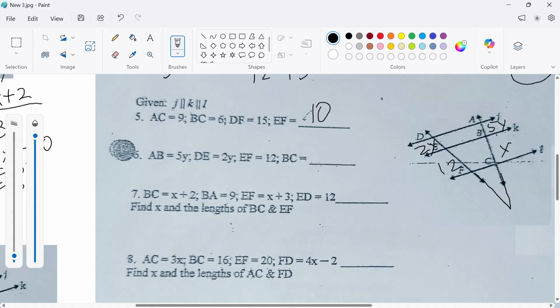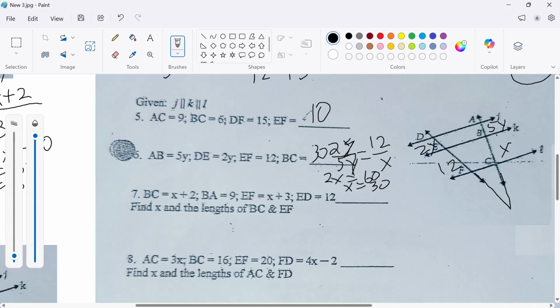I'm going to put left to the right. So 2y is to 5y as 12 is to x. Notice the y's cancel out. So 2/5 equals 12 over x. 2x equals 5 times 12 is 60. X equals 30. BC is 30.